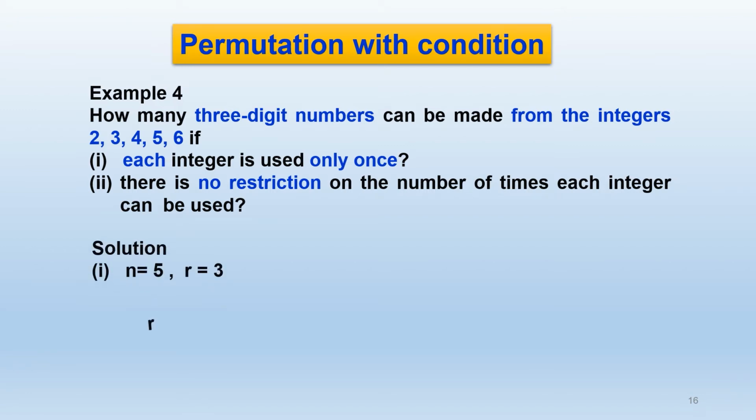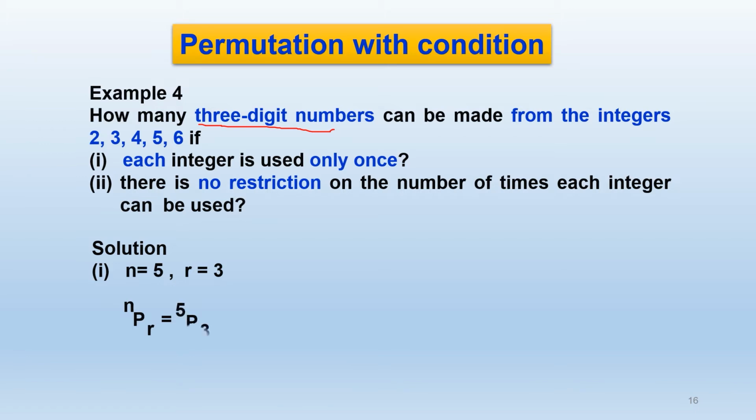Okay, solution for the first one. Dia mahu buat 3 digit saja numbers, and each digit or each number can only be used once. Cuma boleh guna sekali. So n equals 5, r equals 3. 3 is because you need to form 3-digit numbers from these 5. Okay, so nPr.